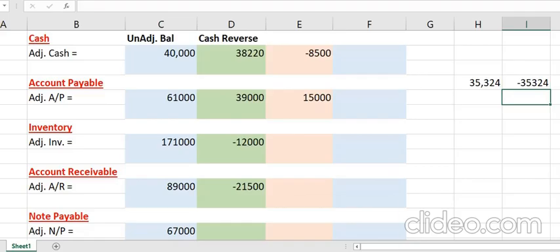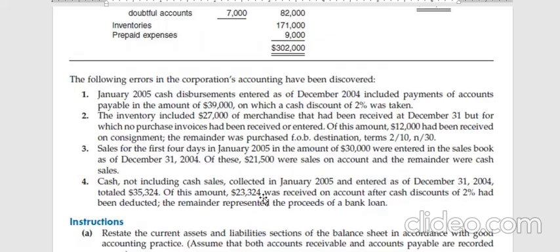Okay. So let's see. Now, the details of this 35,324 say of this amount, 23,324 was received on account after cash discount of 2% had been deducted. Is it okay? So it means that out of this 35,000 something, we received 23,000 something.